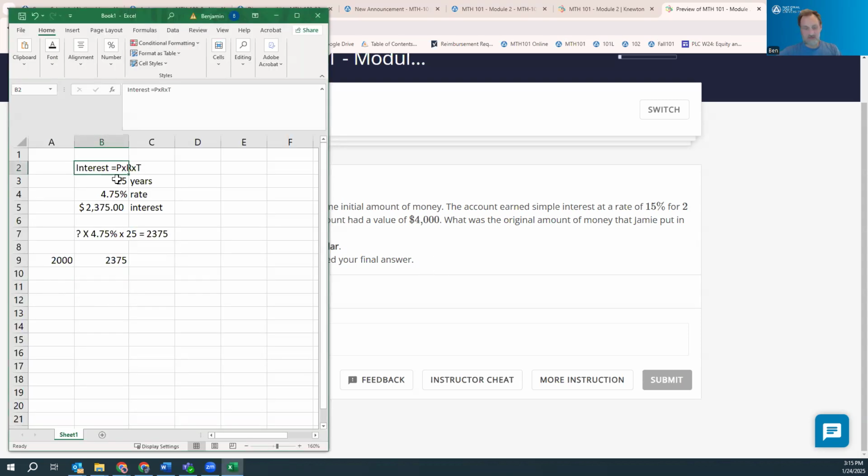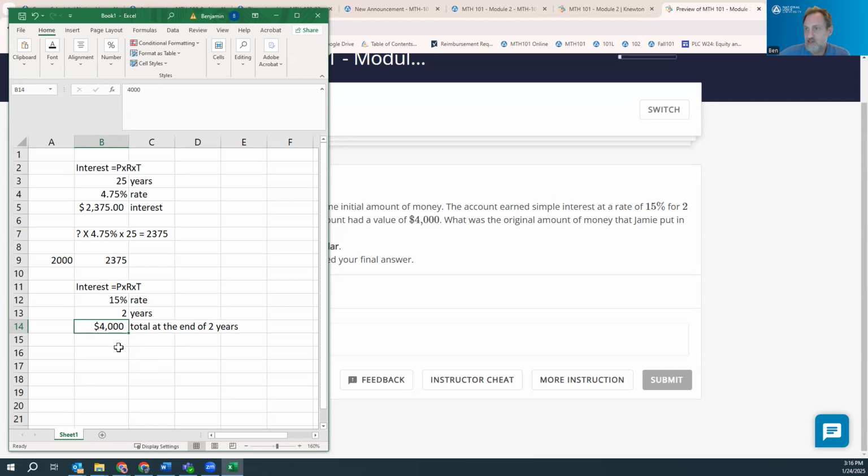So I'm going to write again, the simple interest. This is important. I know I got a 15% interest rate. I know I got 2 years as my time frame. I know 4,000 is my total at the end of 2 years. Okay. This number does not fit into this equation.